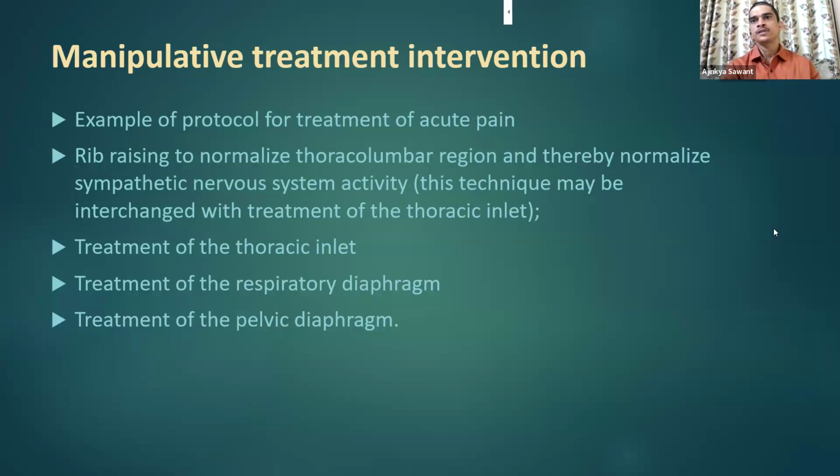So in osteopathic medicine, they say that releasing the respiratory diaphragm, pelvic diaphragm, and thoracic inlet reduces the tension on the fascia across the area, as well as increases the mobility and increases the circulation, and it has greater evidence in osteopathic medicine.